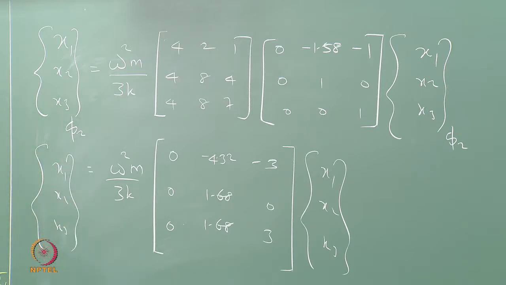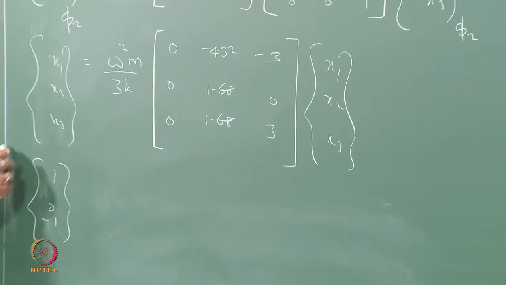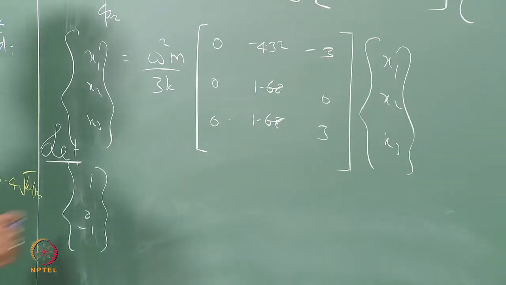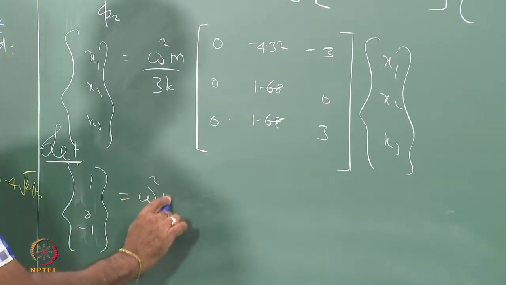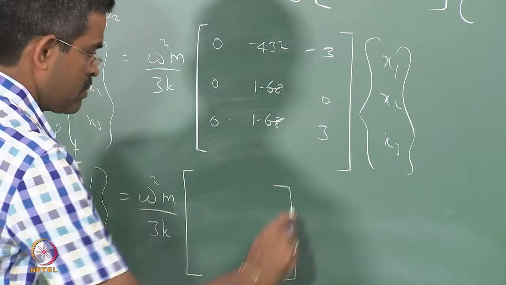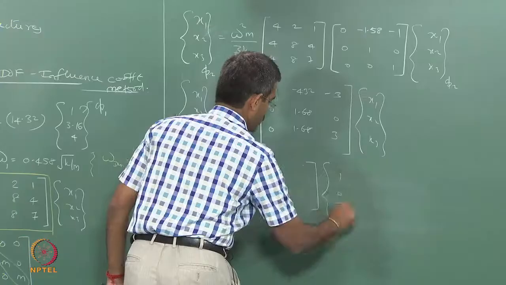Now, we know we are talking about the second vector, so there is one zero crossing. Let us assume a vector as 1, 0, minus 1. It is an assumption. So, I am not writing this matrix back again. Omega square m by 3k of this matrix multiplied by 1, 0, minus 1.